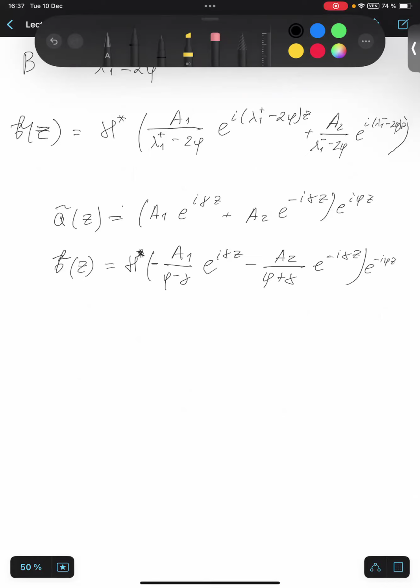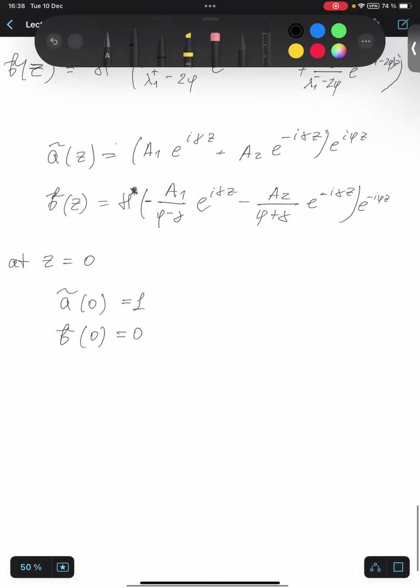So let's now consider the simplest case when at z equal to 0, all energy is in the first waveguide. Or in other words, we can say that A tilde of 0 equals 1 and B tilde of 0 equals 0. All energy in the first waveguide.